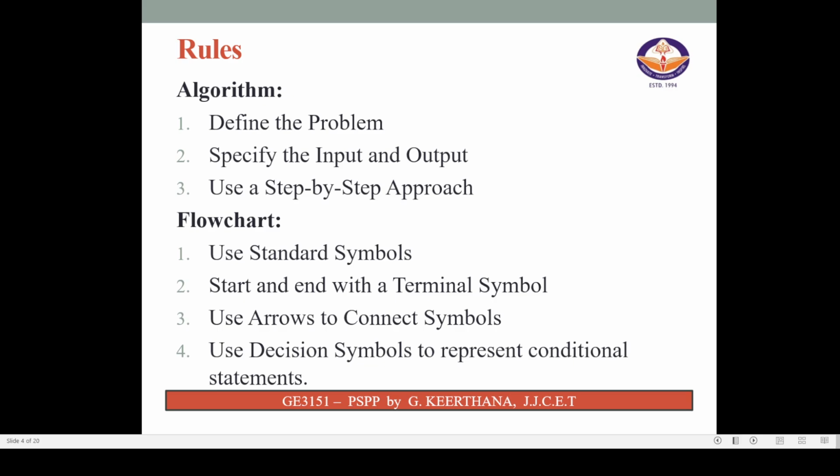Rules for writing algorithm, flowchart and pseudocode. Algorithm: define the problem, specify the input and output, use a step-by-step approach. Flowchart: use standard symbols, start and end with terminal symbol, use arrows to connect the symbols, use decision symbol to represent conditional statement.